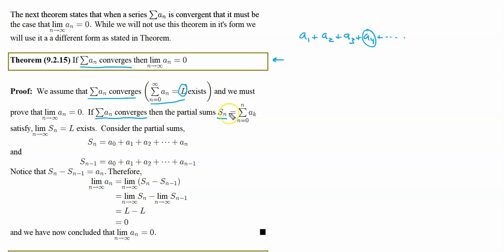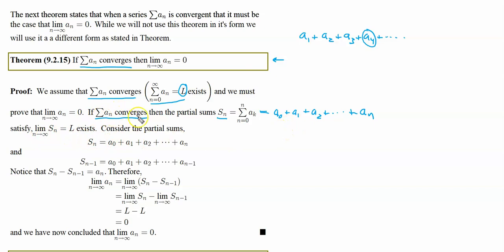The nth partial sum is the sum from 0 to n of your ak terms. This is just a0 plus a1 plus a2 out to an. That's the nth partial sum. It doesn't matter whether you start at 0 or 1, it just depends on where your series starts.